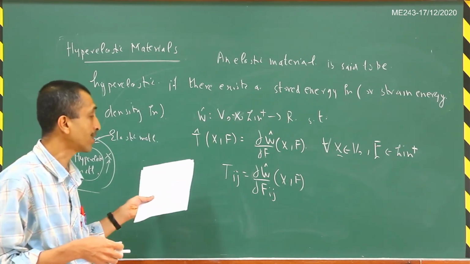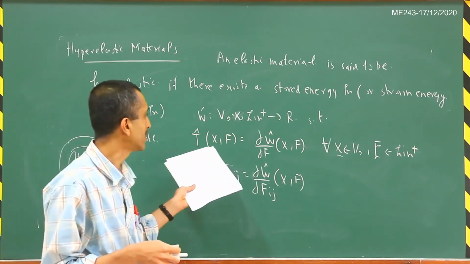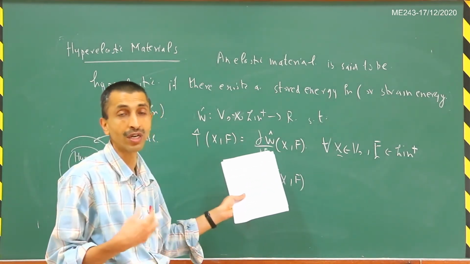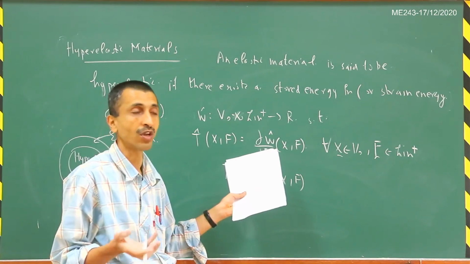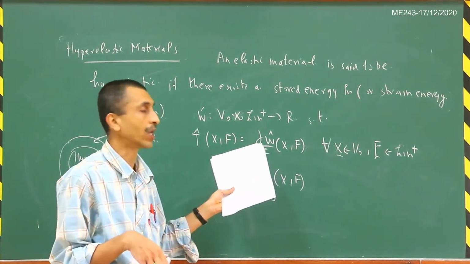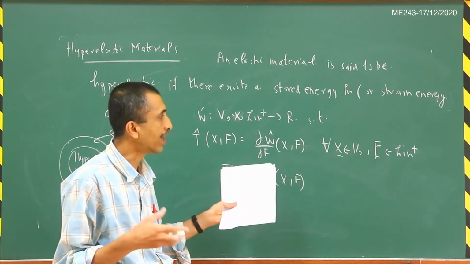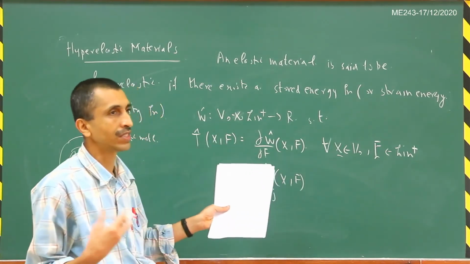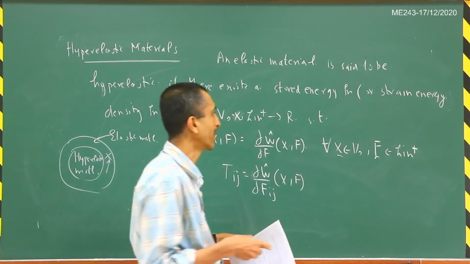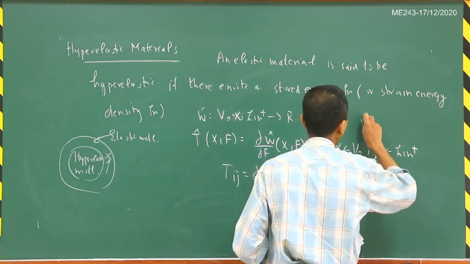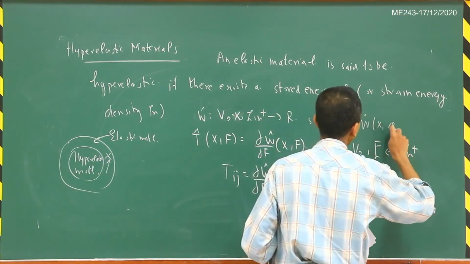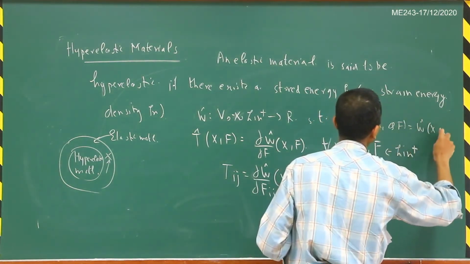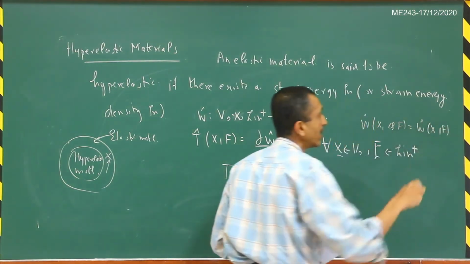Now the next question that arises is why we are defining the first Piola-Kirchhoff stress in this particular way. Why not the second Piola-Kirchhoff stress, or why not the Cauchy stress? The reason is that if you take this particular definition, then you will see later that you will get relations like W hat of x comma QF is equal to W hat of x comma F. This is something that we will show.